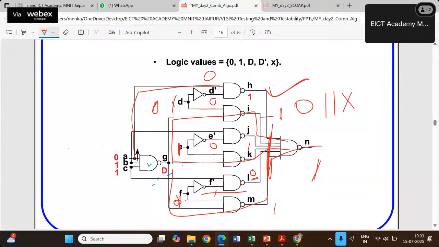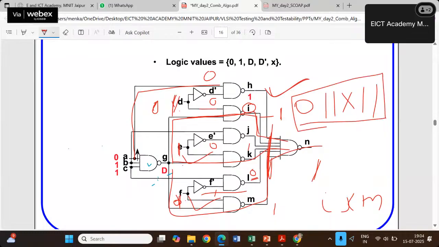So it means I am not able to propagate the fault through I, but yes, I can choose either the K or M path. If this was 1, then I have the flexibility to take the fault propagation through I, J, I, K, and M. So the test pattern is 0, 1, 1, 0, X, 1, 1.